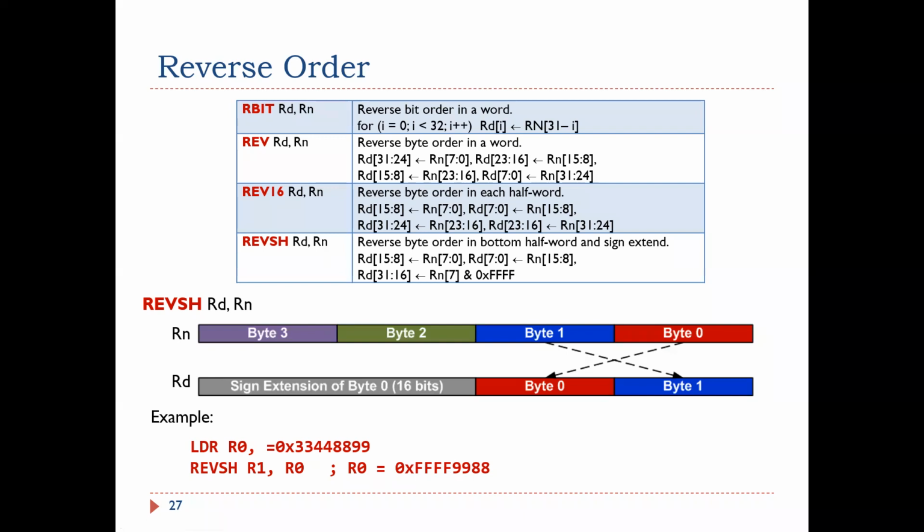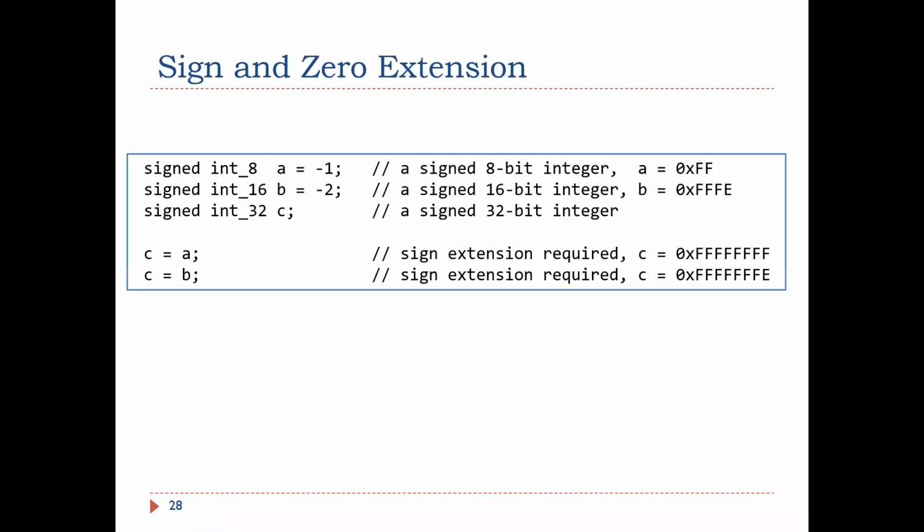Why do we need this kind of sign or 0 extension? Let's take a look at an example, and I think it will be clear to everyone. Let's assume that you have 8-bit data, and you have 16-bit and 32-bit data.